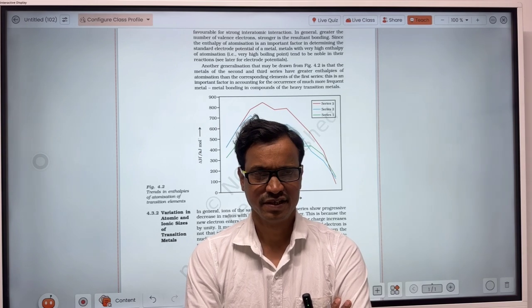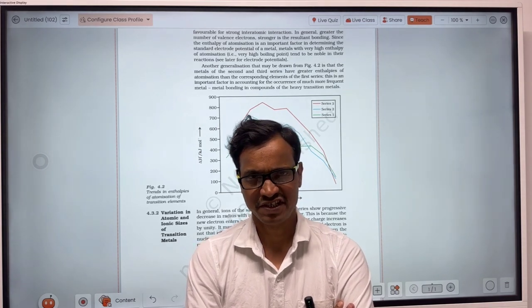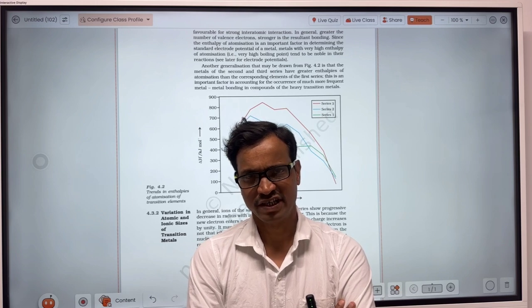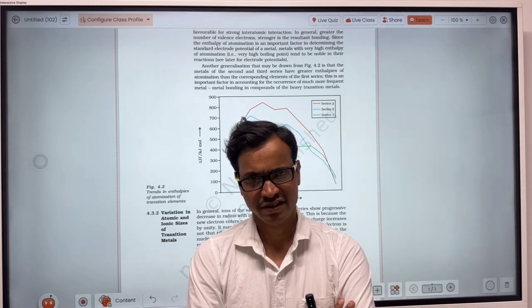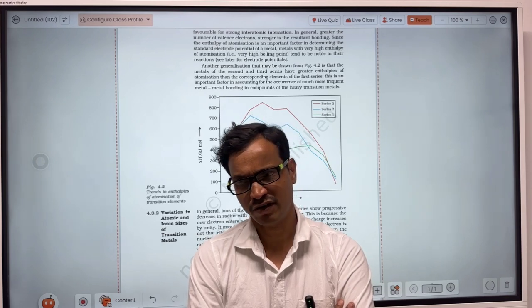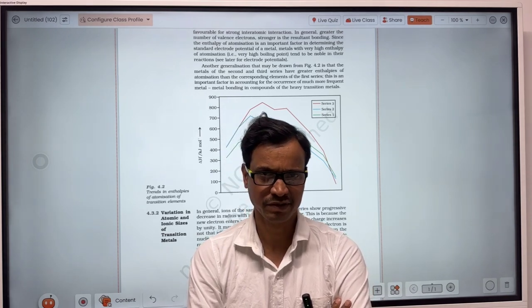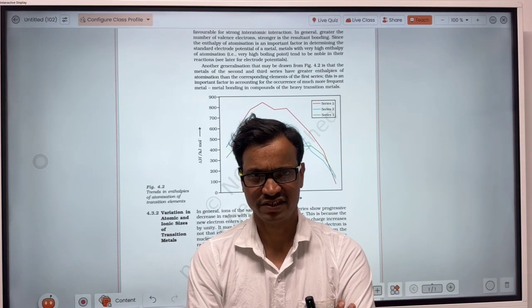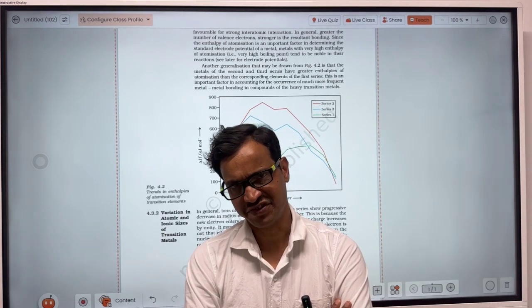So in that case, the enthalpy of atomization will be more. The more the strength of metallic bonding, the more the enthalpy of atomization. Because if the strength of the metallic bonding is more, then we will have to provide a greater amount of energy to separate the atoms.